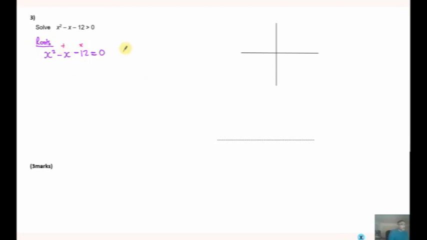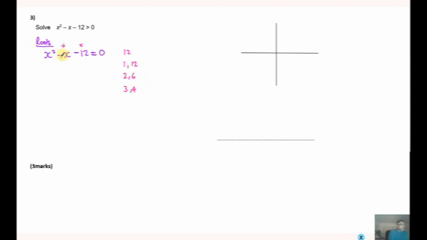So if I think about the factors of 12, 1 and 12, you can't make 1 out of those. 2 times 6 gives me 12. Again, I can't make 1 out of those. But 3 and 4 multiply to 12, and you can subtract one of them to make it add to minus 1.